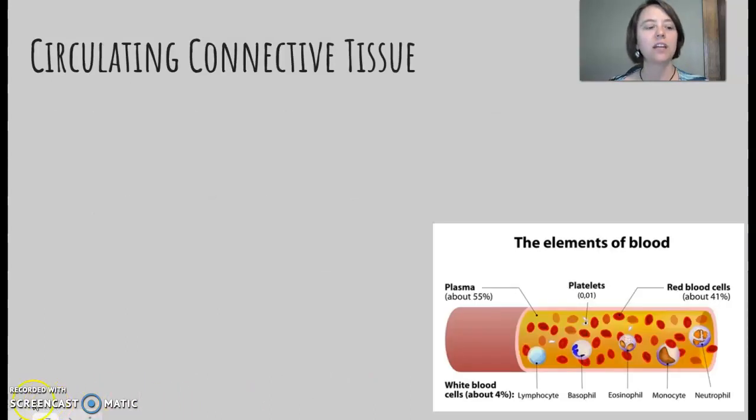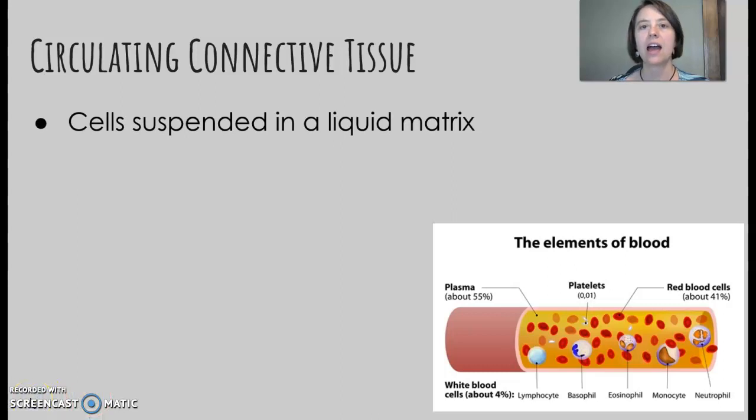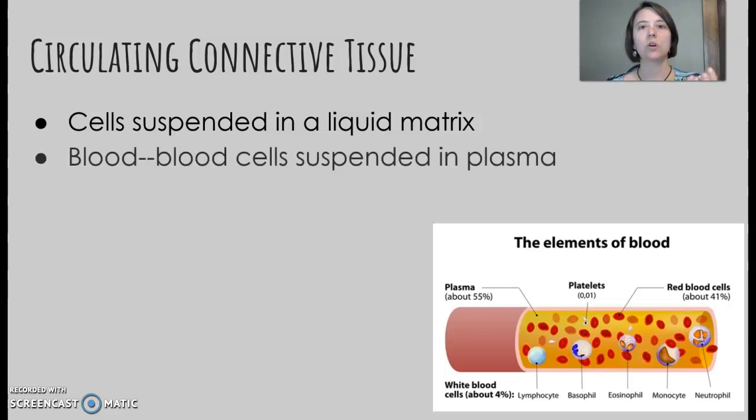Our first type of connective tissue is circulating connective tissue, and that has cells suspended in fluid. So the matrix is liquid. So there are two types of circulating connective tissue. One is blood, so the blood cells are suspended in blood plasma, which is basically mostly water.